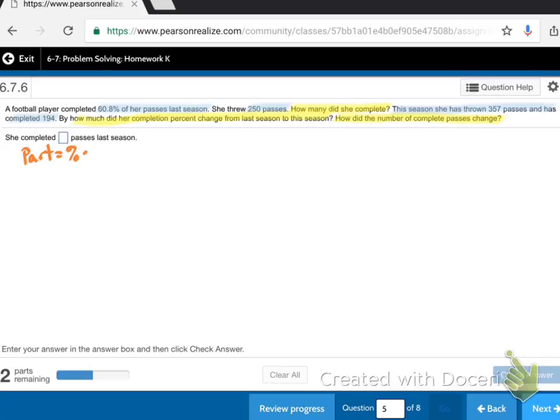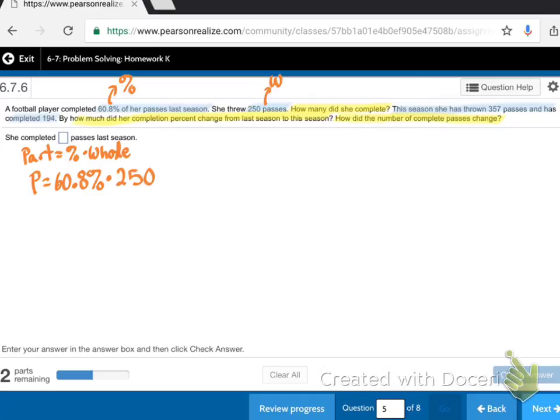So let's start breaking this down. We're going to use part equals percent times whole. So let's start off. How many did she complete for last season? She completed 60.8%. So that's your percent. She threw 250 total passes. Her number of completed passes will be your part.